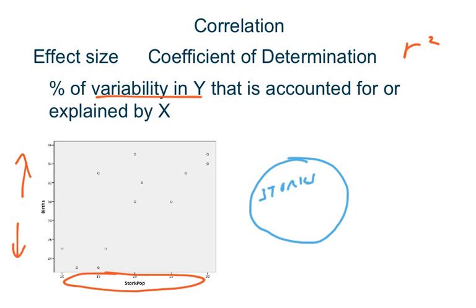This circle represents the number of births in an area. Once again, there's variability in births. Some areas have a high number, some areas have a low number. The overlap is where that R squared, that coefficient of determination, resides. Okay?